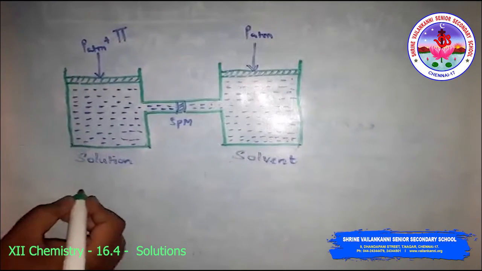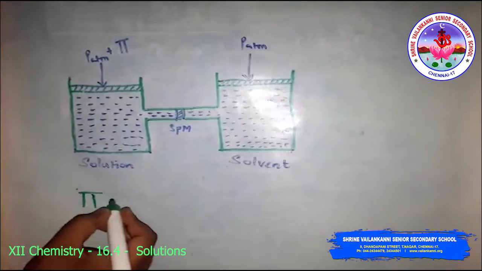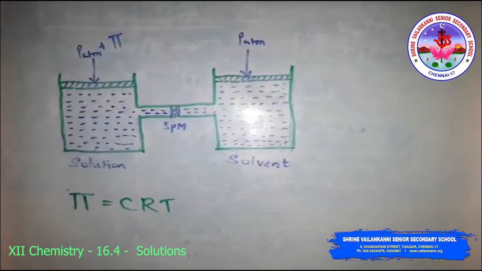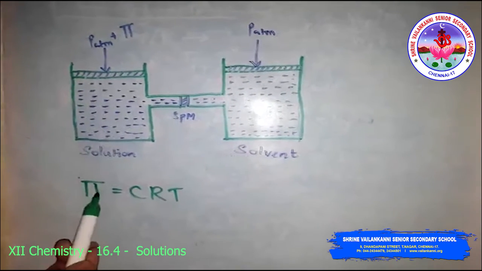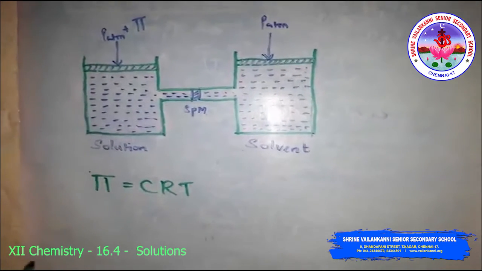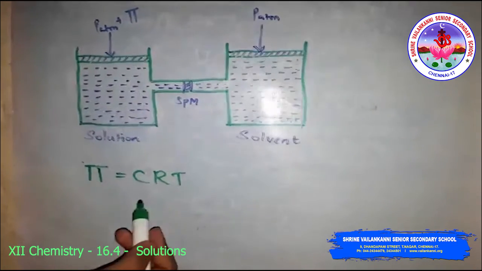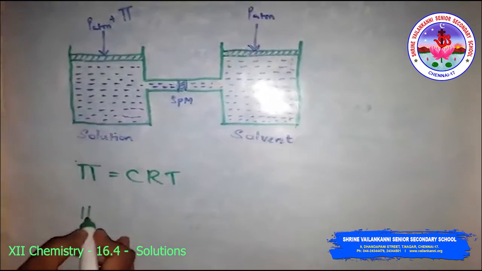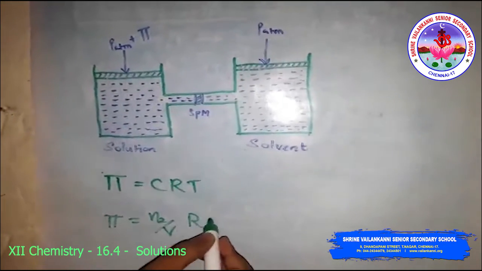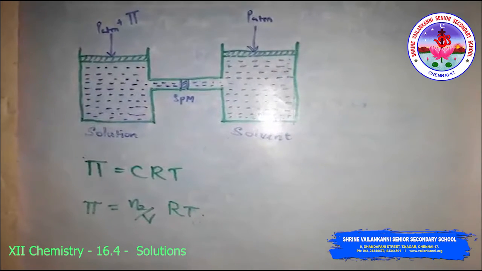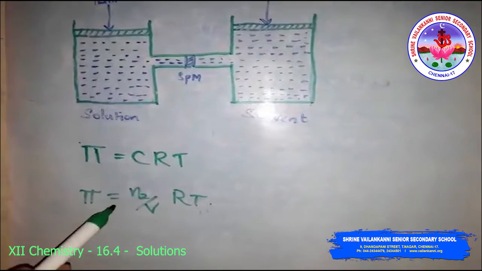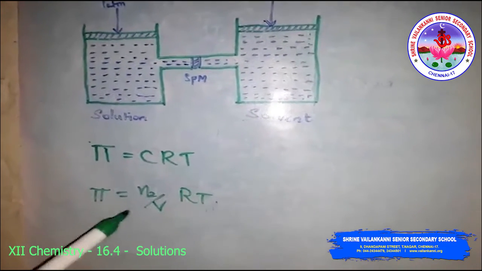Simply we can write Π = CRT. Here Π is the osmotic pressure, R is the gas constant and T is the temperature. Instead of concentration we can write Π = (n2/V)RT. Here V is the volume of the solution in liters, and n2 is the number of moles of solute.